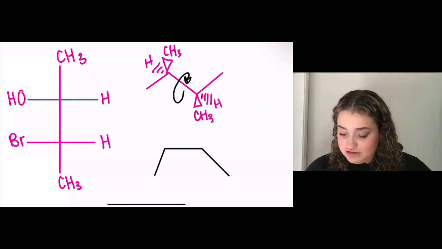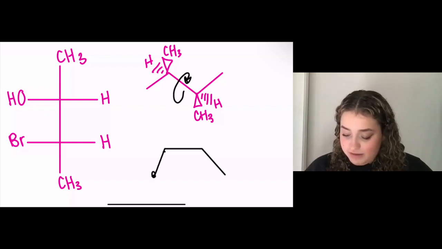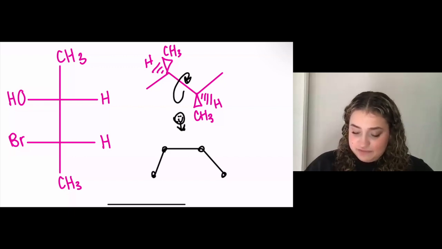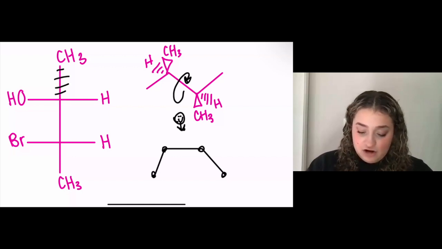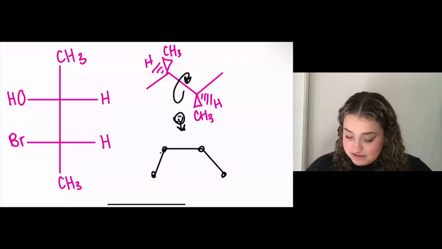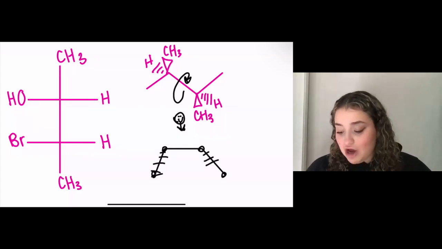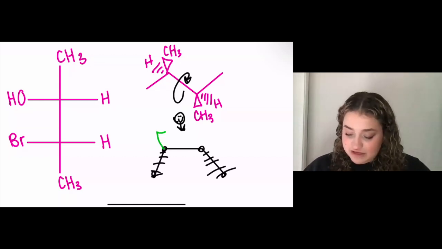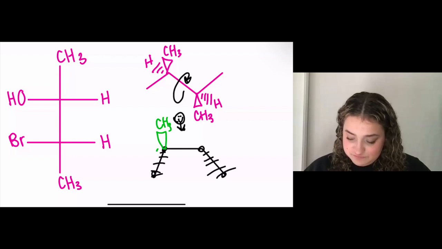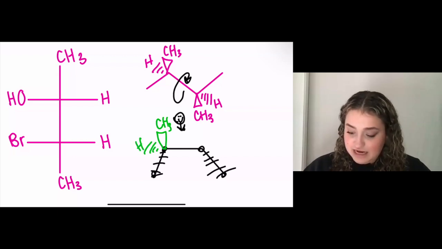With our Fischer projection, we are looking at the carbon backbone. So let's say I'm standing right here and I'm looking at it like this. These guys, we said that they are on dashes. These guys are on dashes. Do you see how they're going away from me? So that means if this was on a wedge here and I flipped this guy, he's no longer like this.